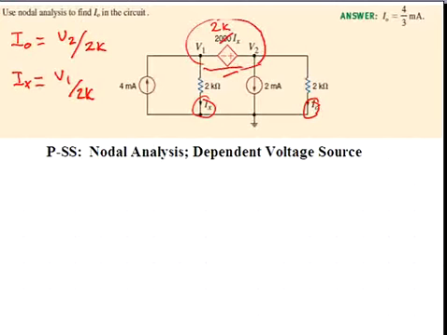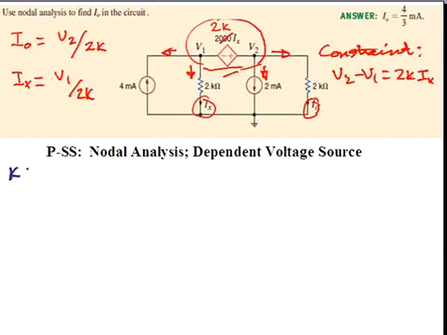And that supernode relationship is that, as a constraint for that voltage source, we have V2 minus V1 is equal to 2K I sub X. We'll label the currents flowing out of that supernode envelope as positive currents in our KCL summation. And now we're ready to write that sum of currents.